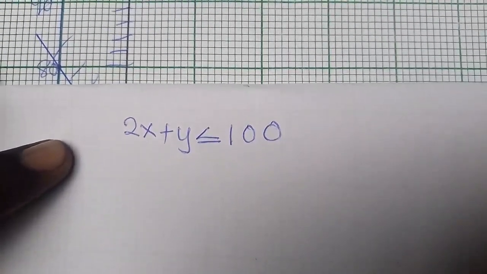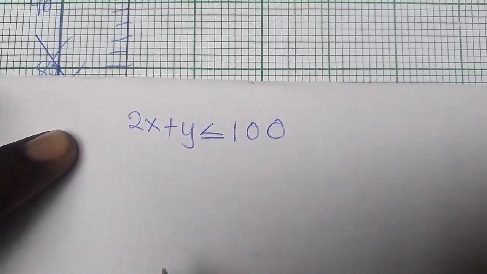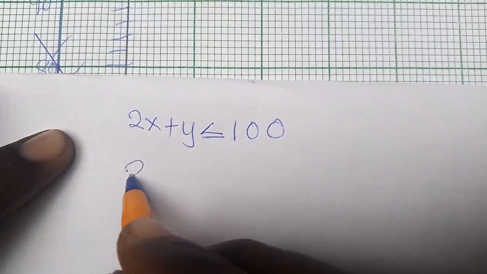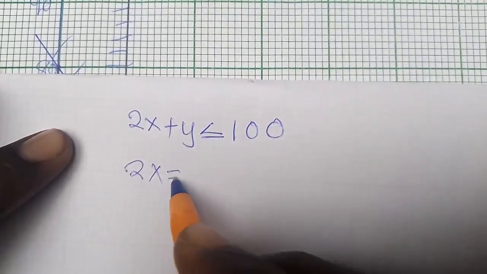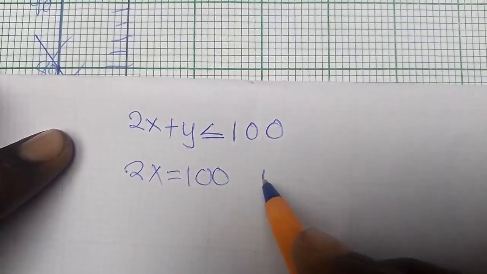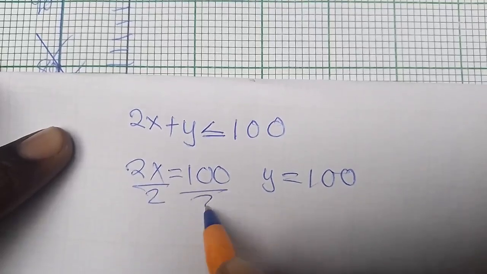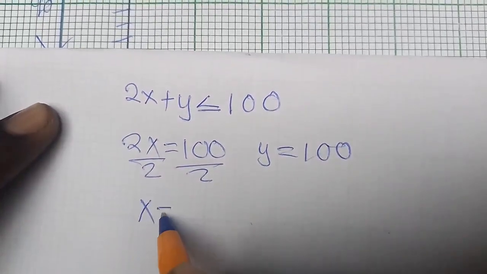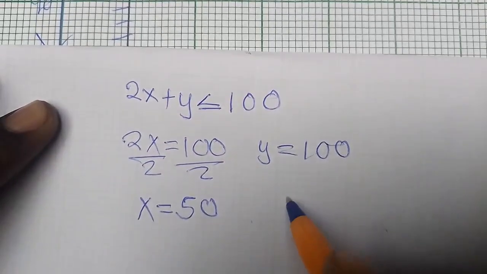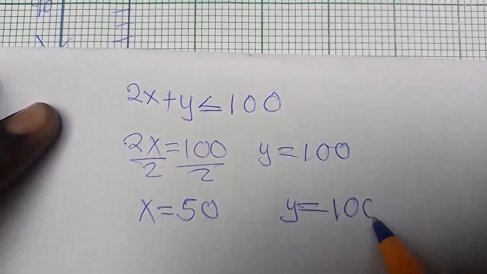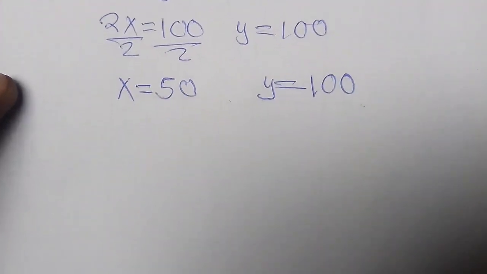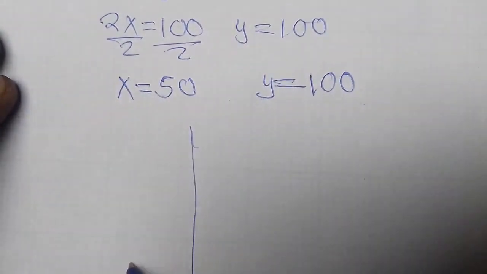How can you do this? The same thing. I'm showing you the easiest way of answering this. Just say 2x is equal to 100, y is equal to 100 over 2 over 2. So x is what? 50. Then y is what? 100.